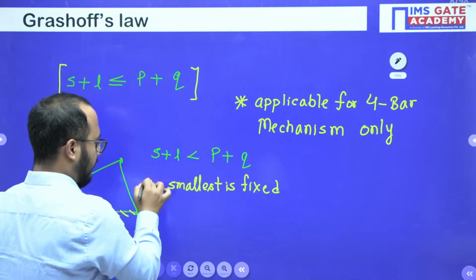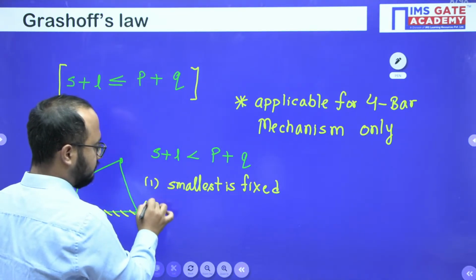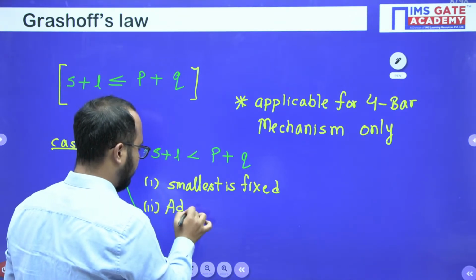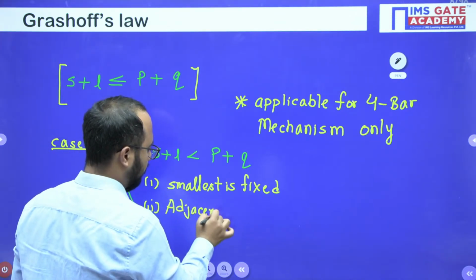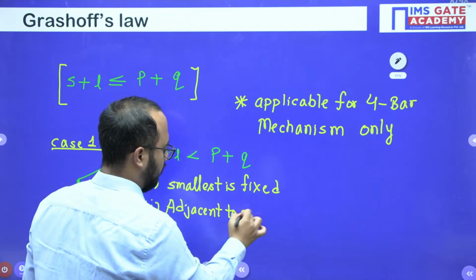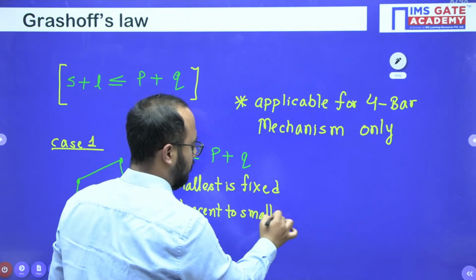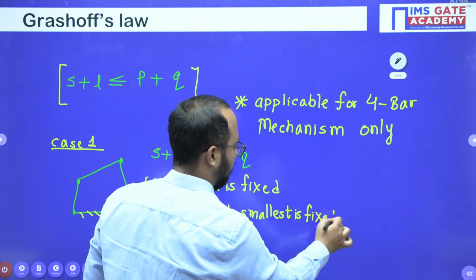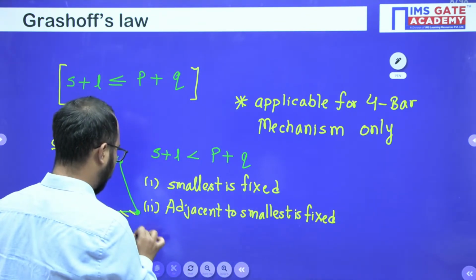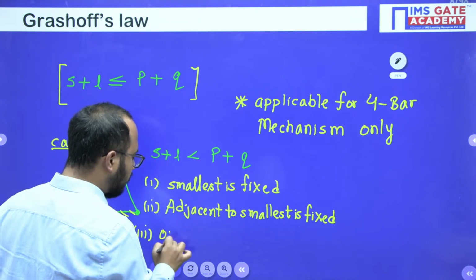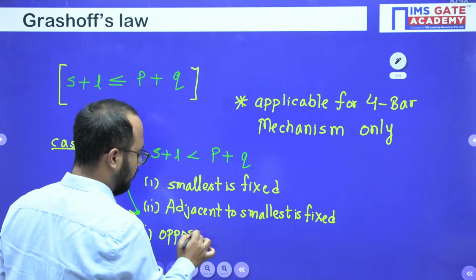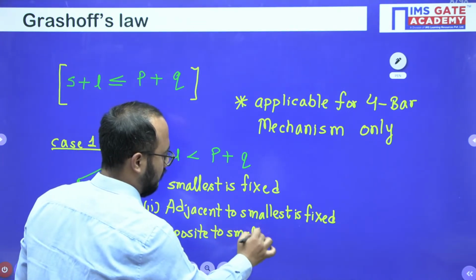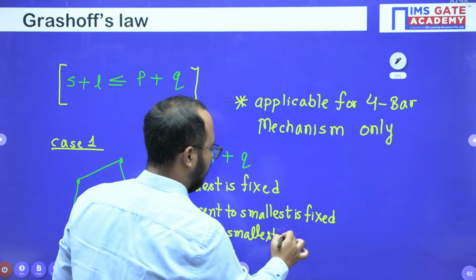The second, adjacent to smallest is fixed. Third, opposite to smallest is fixed.